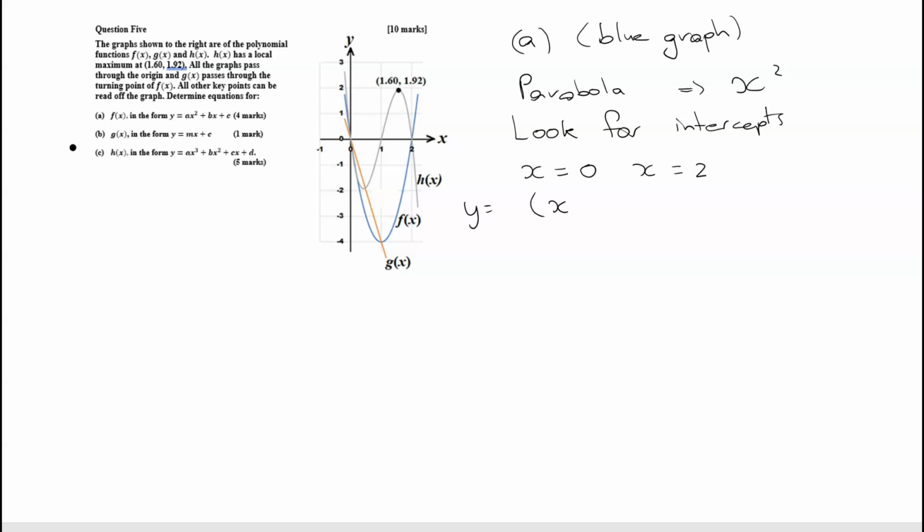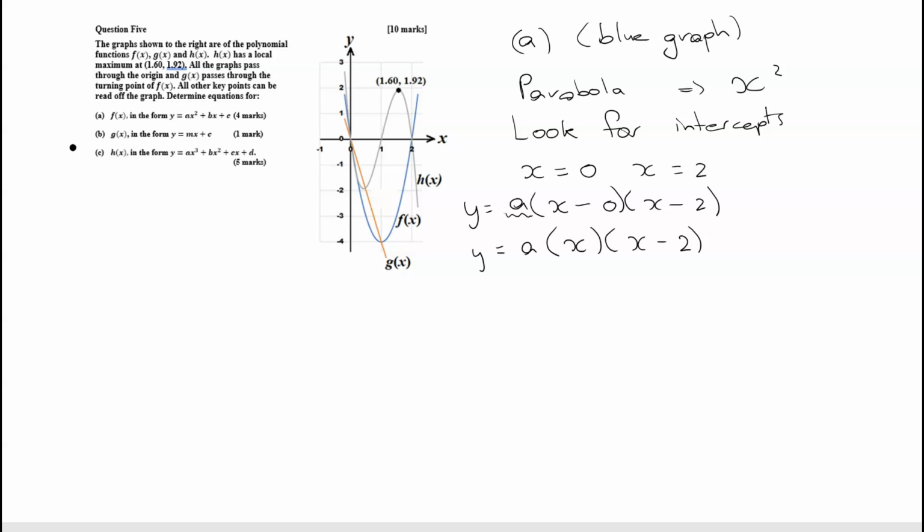So y is going to equal, now we don't know, there might be some number in there. Let's just call it a. And x minus 0 will be one bracket and x minus 2 is another bracket. Now, x minus 0 doesn't make any sense, so we may as well use just x. And we've got that far.